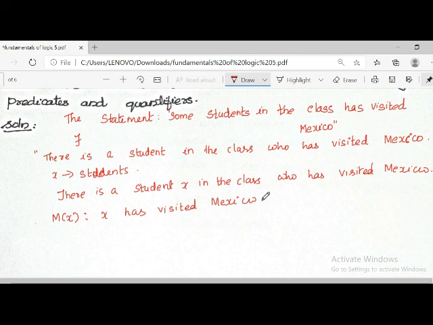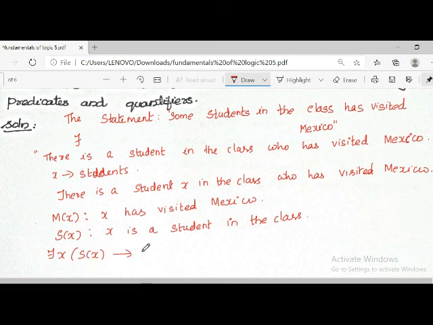Now I can write the statement. Let us introduce a statement s of x such that x is a student in the class. Our statement cannot be expressed as there exists x, s of x implies m of x.